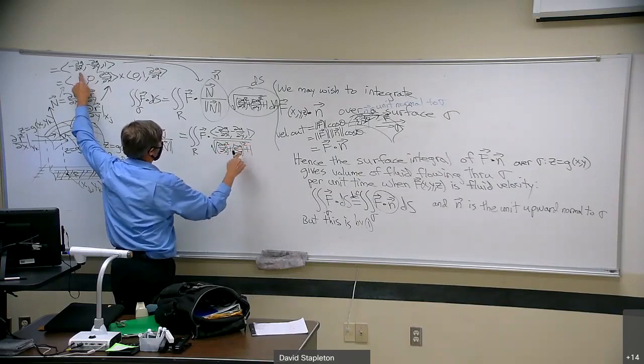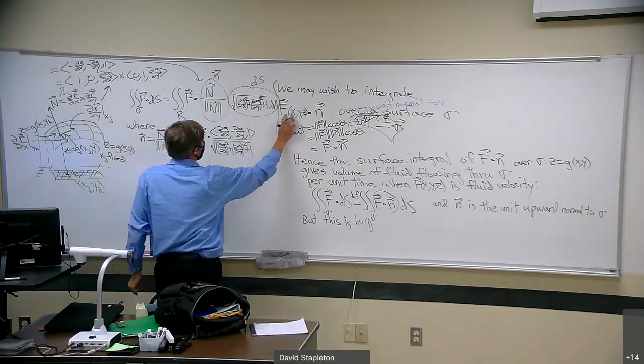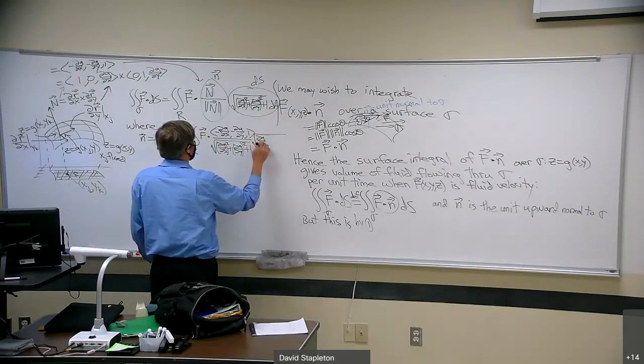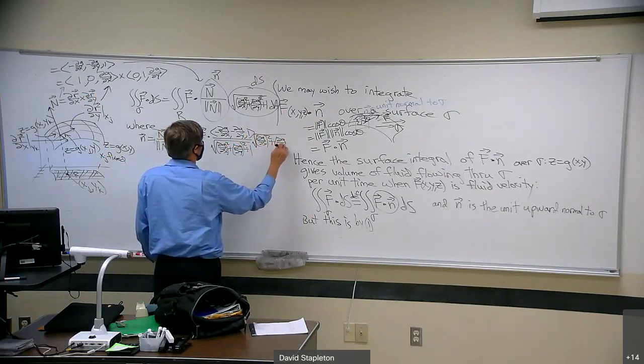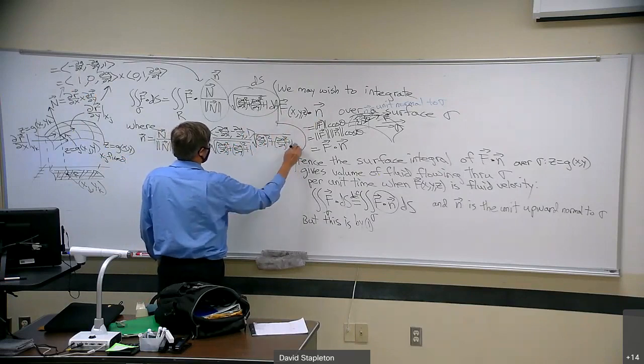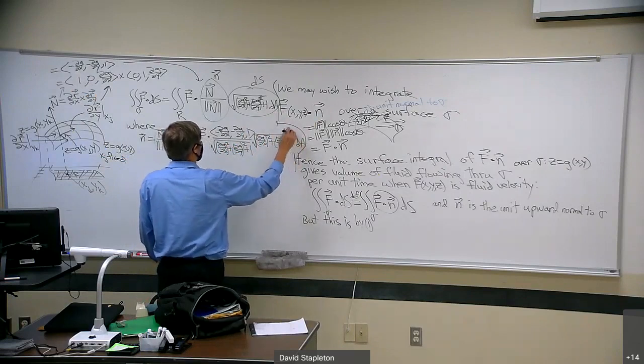Plus 1, but it's the same thing. And then times all this stuff: the square root of dg dx squared plus dg dy squared plus 1 dA, and the square roots cancel.